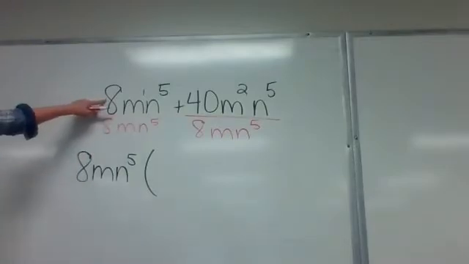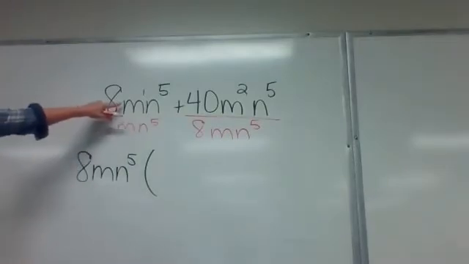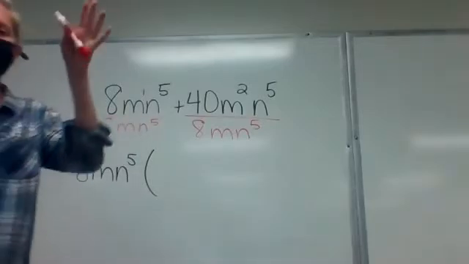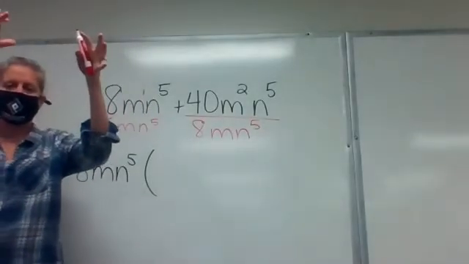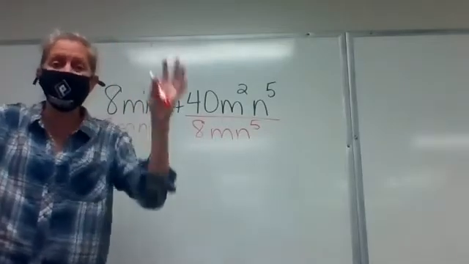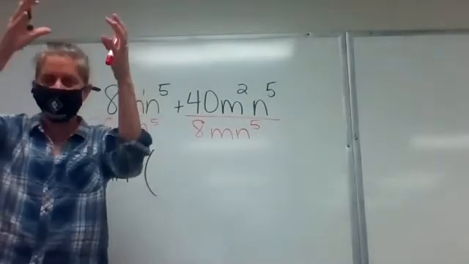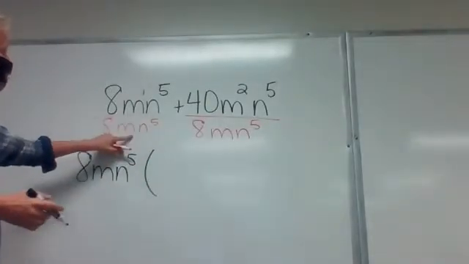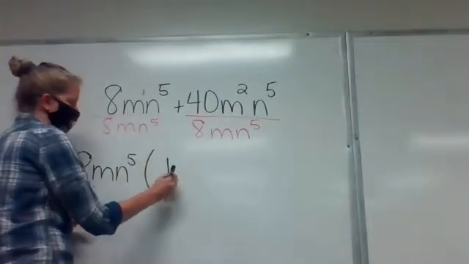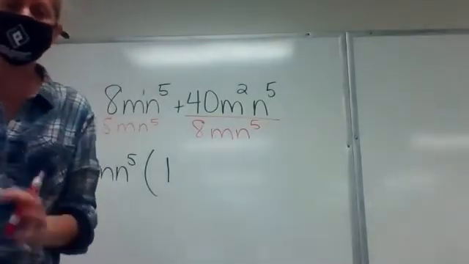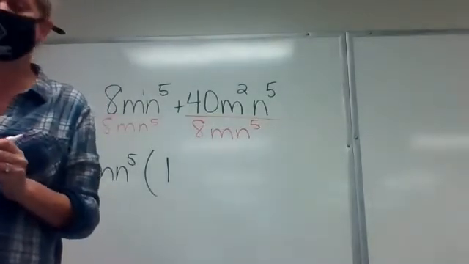So let's see, 8 over 8, m over m, n to the 5th over n to the 5th. So do you have exactly the same thing in the top as you do in the bottom? You do. They are exactly the same. If you have exactly the same thing in the top and you're dividing it by itself, what are you always left with in that situation? 1, right? Anything over itself is equal to the number 1.